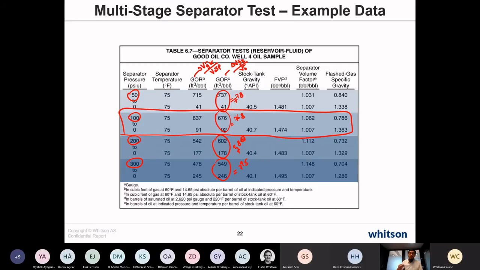So more light components end up in the liquid phase, so they will be sold as the liquid phase and not the gas phase. That's what we want from the separator optimization, as many moles of these lighter components as possible in the liquid phase, so they can be sold at a much higher price than in the gas phase.